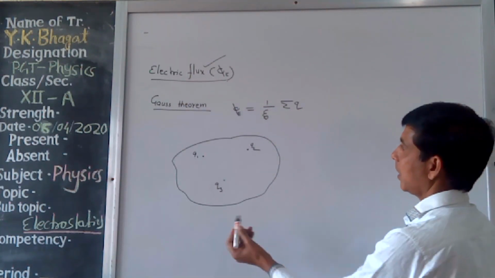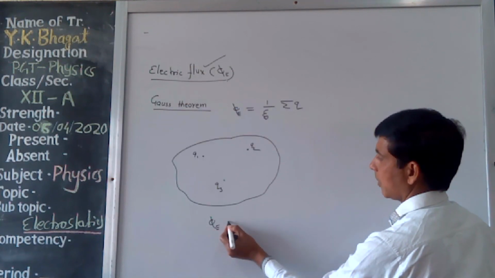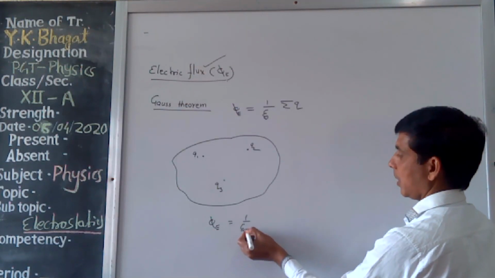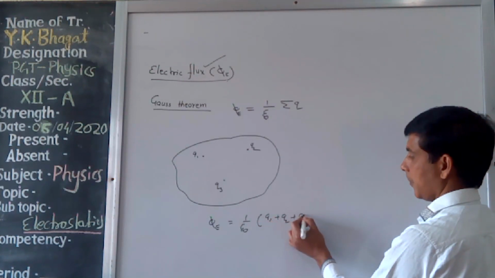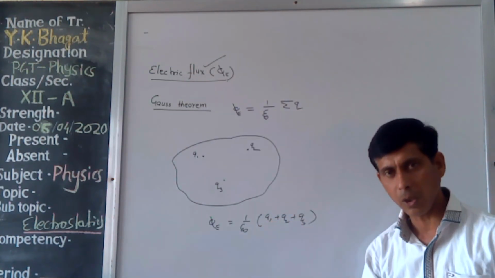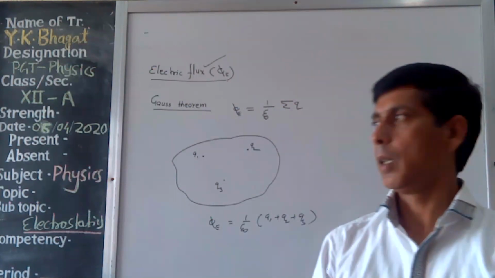Means in this figure, the electric flux will be equal to 1 upon epsilon naught times (Q1 plus Q2 plus Q3). This is the Gauss theorem.